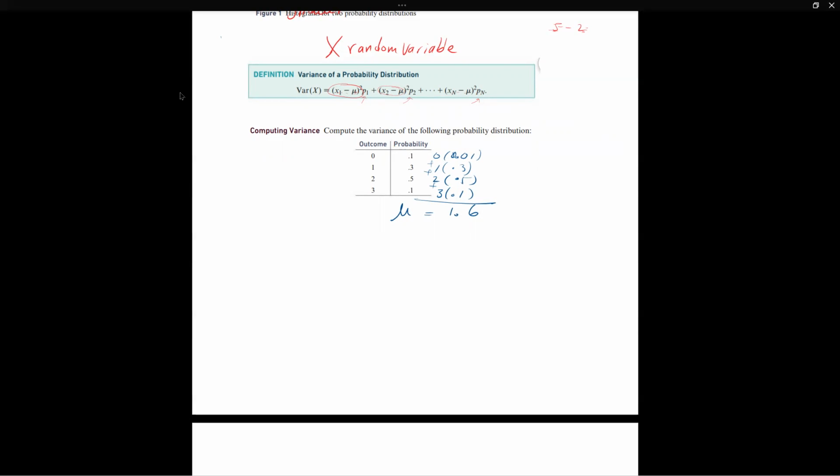So now let's calculate the variance. These are nice to do in a table. We can start with k to be 0, 1, 2, 3, and for this random variable we have probabilities 0.1, 0.3, 0.5, 0.1.